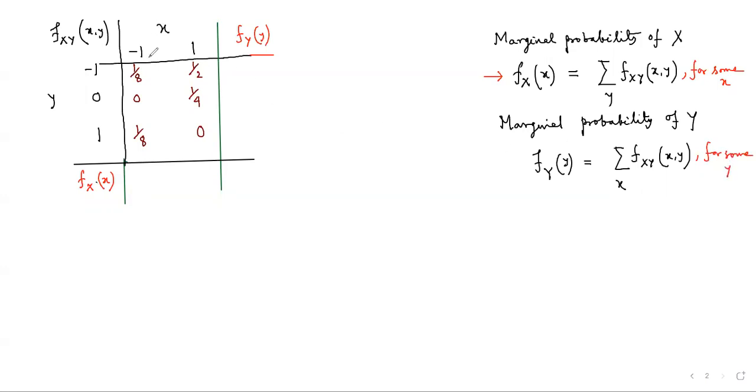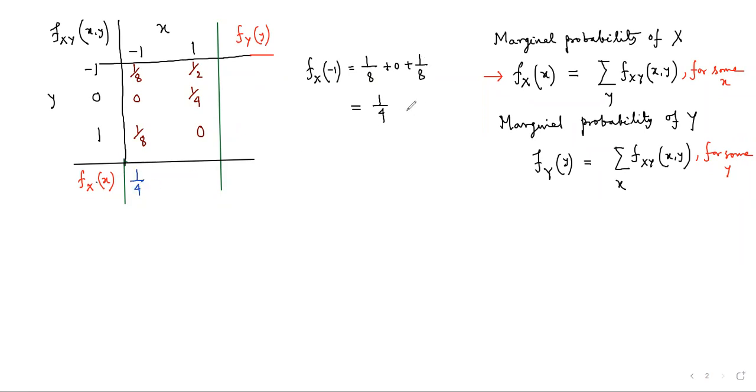So for x equal to -1, if I want to calculate the marginal probability, I have to add 1/8, 0 and 1/8. So the marginal probability f of x at -1 would be 1/8 plus 0 plus 1/8, which is 1/4. So here I am going to write 1/4.